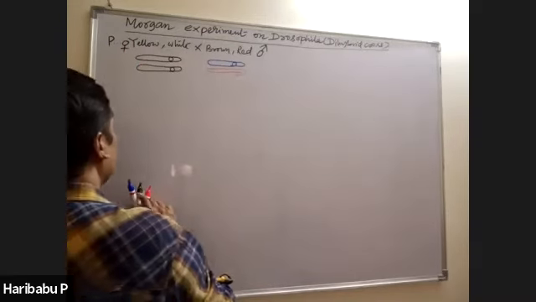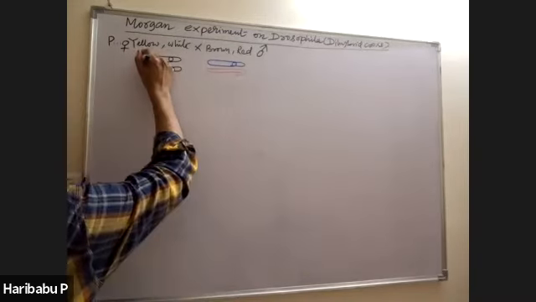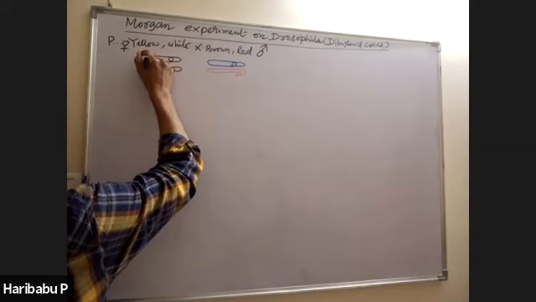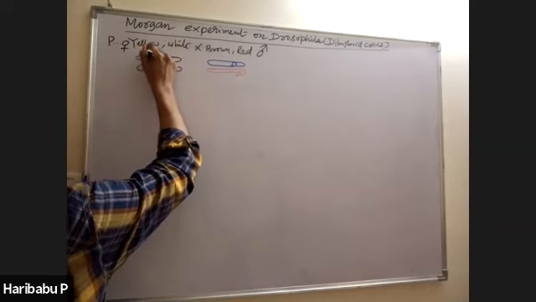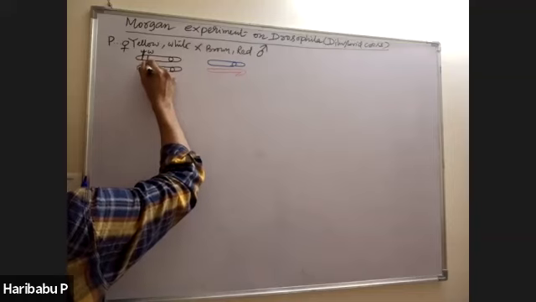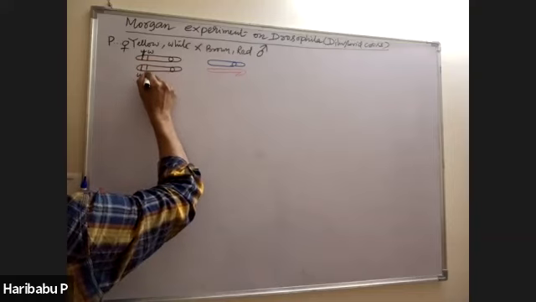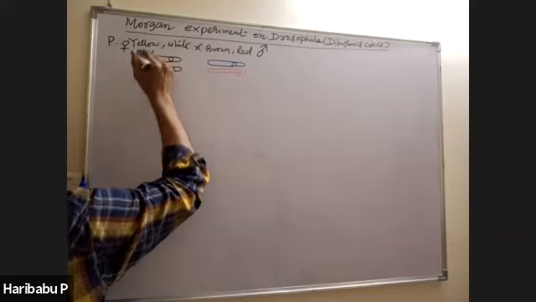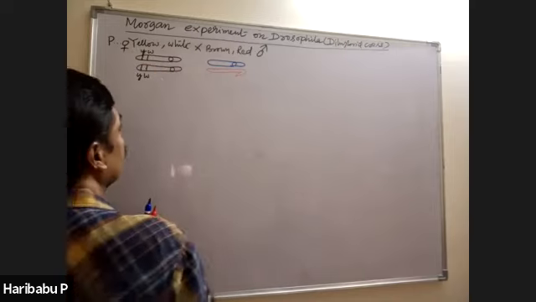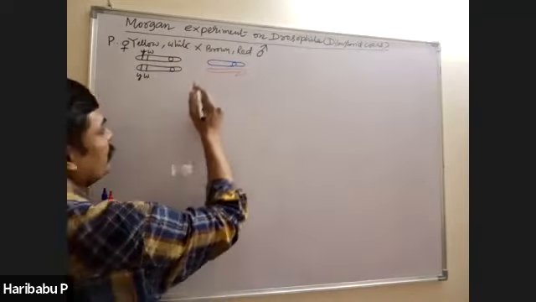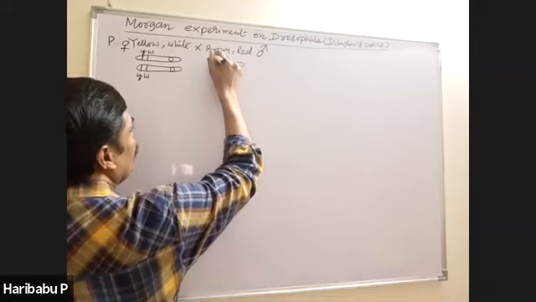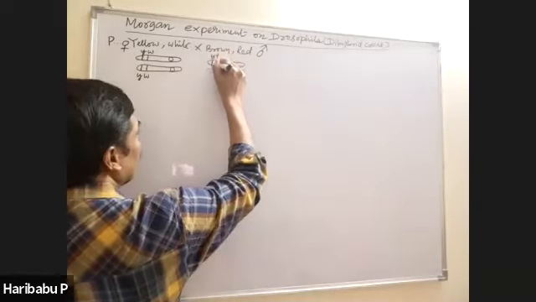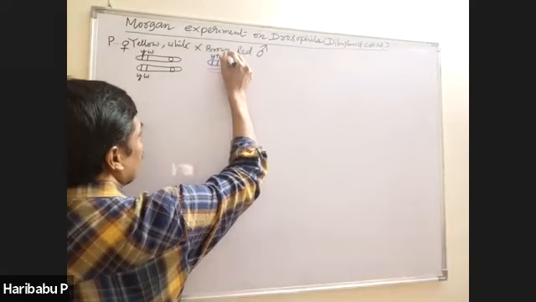Now the genes are here: y, w. y yellow, w white. Here y plus, w plus.